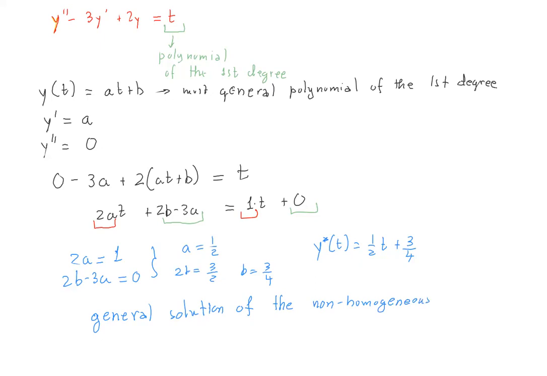So this will be y of t is c1 times e to the t plus c2 e to the 2t plus 1/2 t plus 3/4. And we're done. That's it.